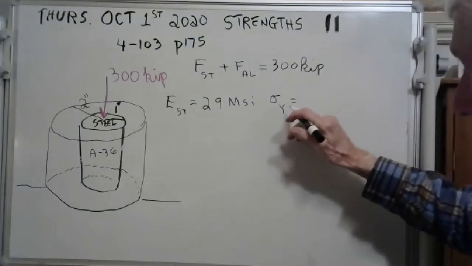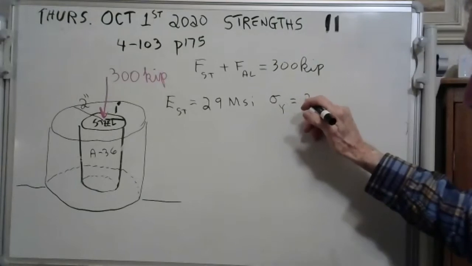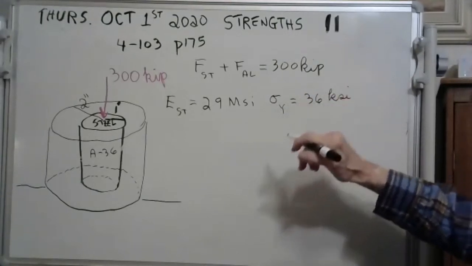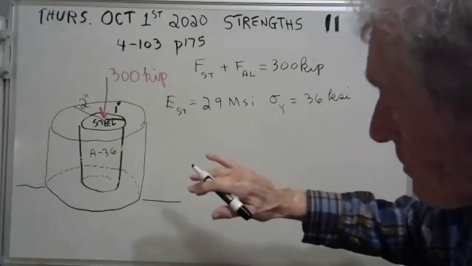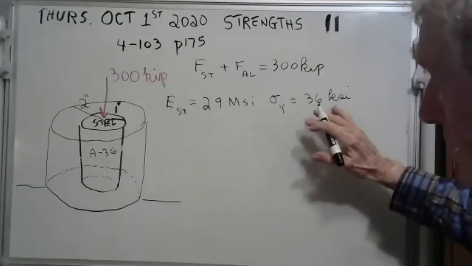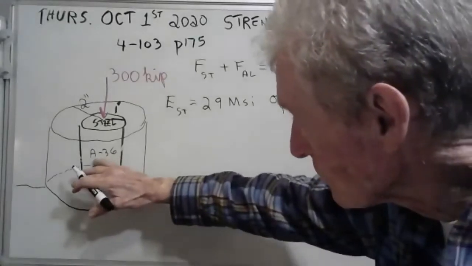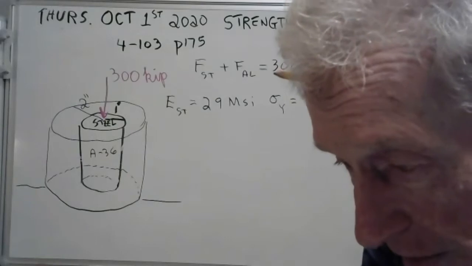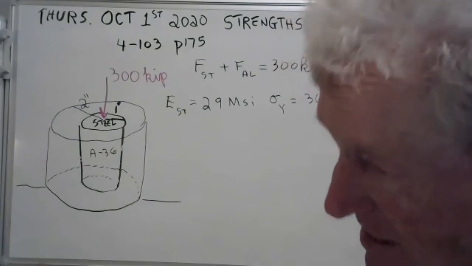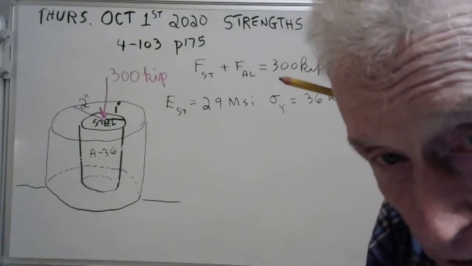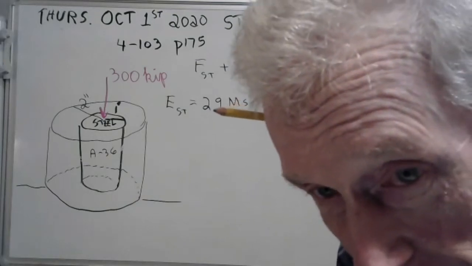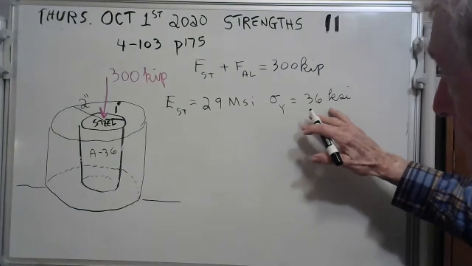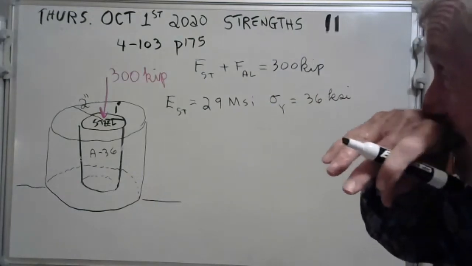And the yield strength for A36 steel is 36 KSI. I wonder if that 36 KSI has got anything to do with the name of the steel, A36 steel. What do you think? Yeah, you know what? That's where they get the name A36 steel. It's got a yield strength of 36 KSI.